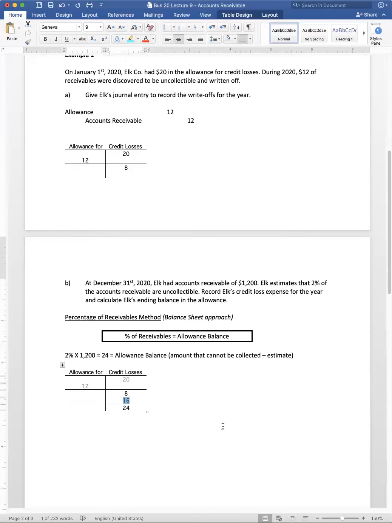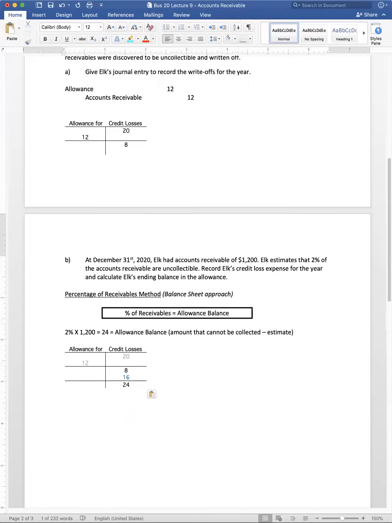So we're going to do a journal entry that credits the allowance for 16. And the debit is credit loss expense. We are crediting the allowance for 16. It's blue here because it's this number here. This is the credit. We've determined we need 16 to get our desired total of 24.